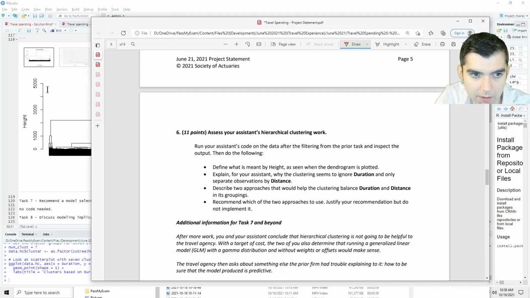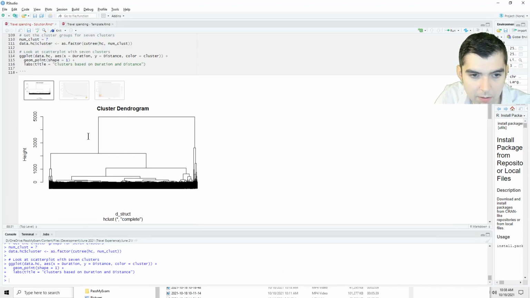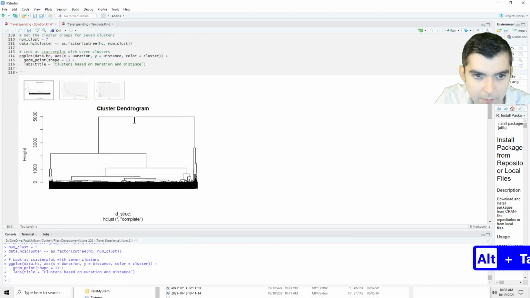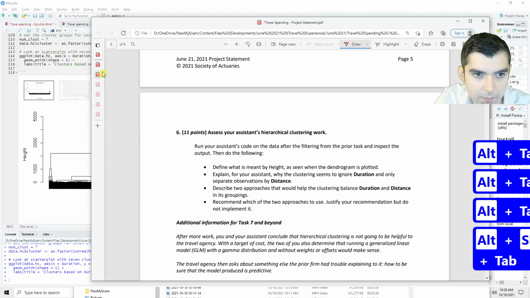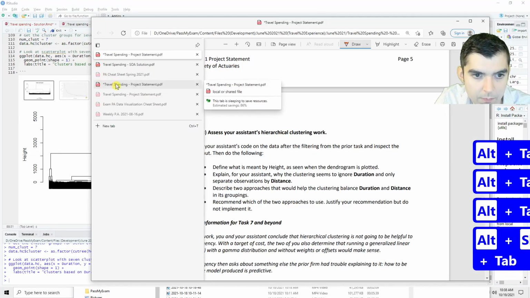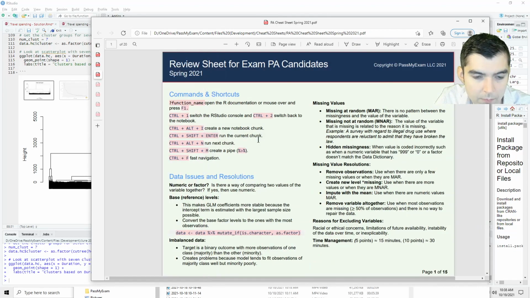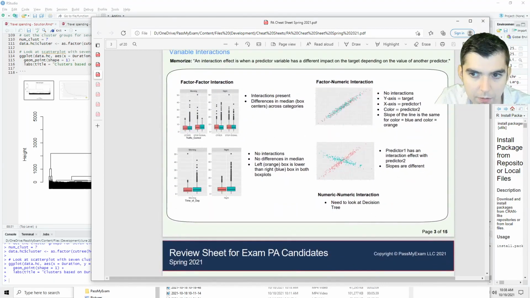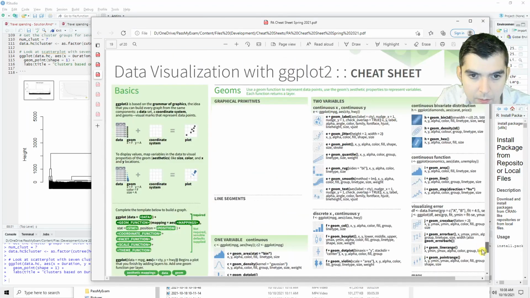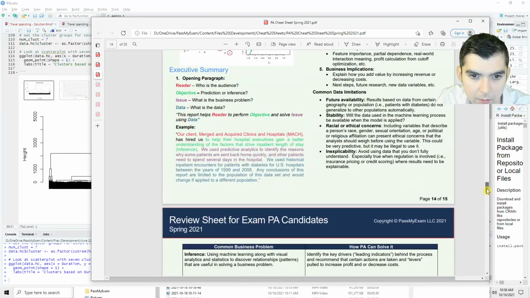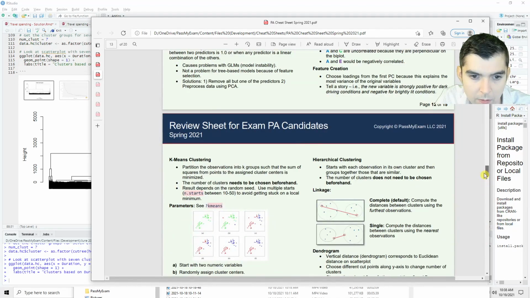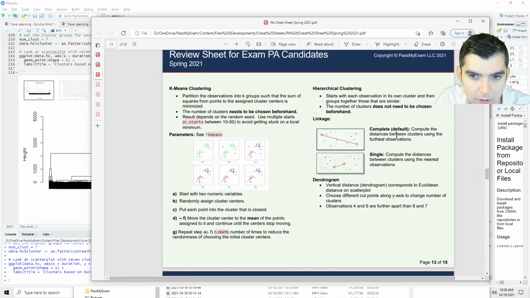So height is the, so let's look at hierarchical clustering. It starts with each observation as its own cluster and then groups together those that are similar. The number of clusters does not need to be chosen beforehand.